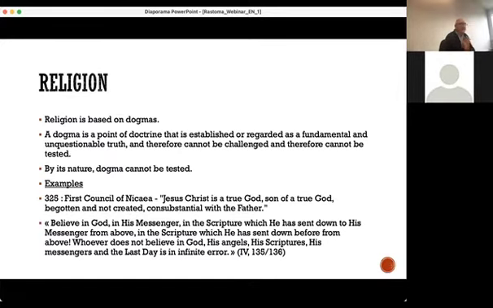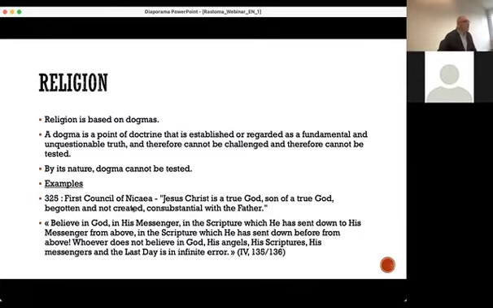And therefore, it cannot be challenged, it cannot be tested. The dogma is the basis of religion. And then the dogma by nature is true. It cannot be tested.